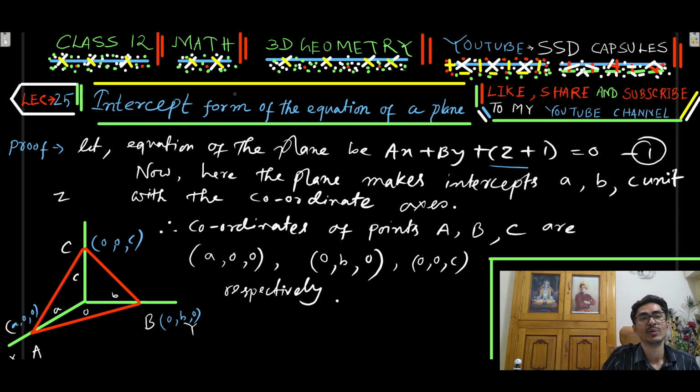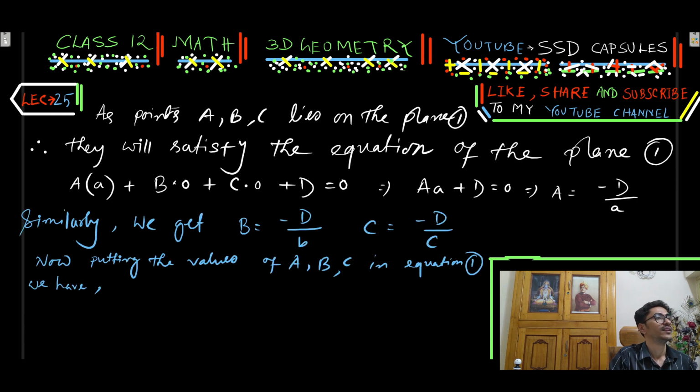Here we will put the values of a, b, c. So a means minus D by A into x, then b means minus D by B into y, then minus D by C into z plus D equal to 0.